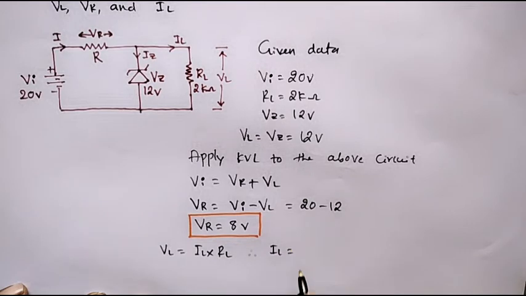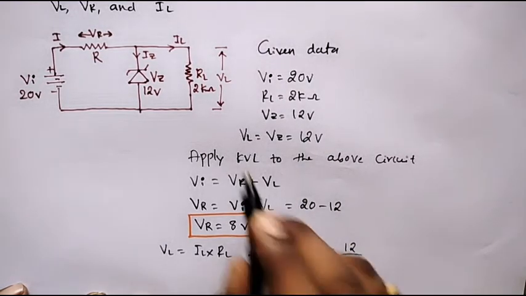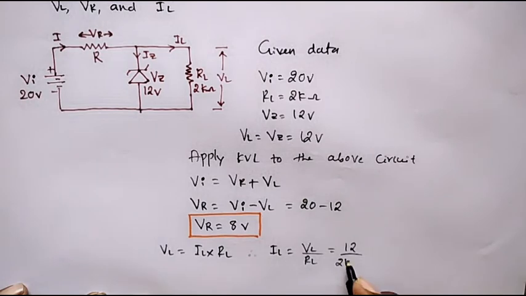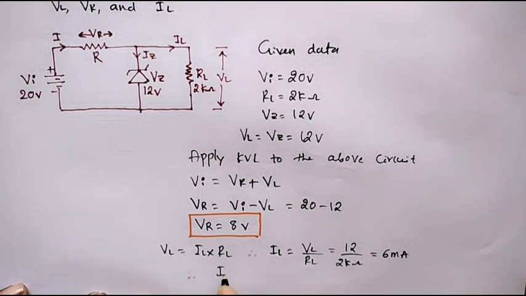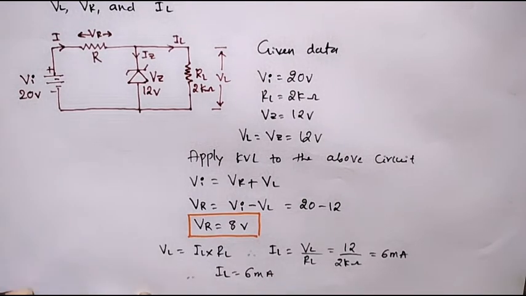Therefore IL is equal to VL divided by RL, and we know that VL is 12 volts and RL value is 2 kilo ohm. Therefore, which will be equal to 12 by 2 is 6, 1 by k is nothing but milli, that is milliamp. Therefore IL is equal to 6 milliamp.